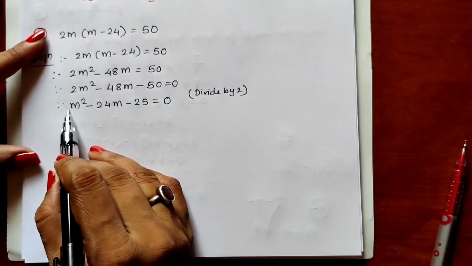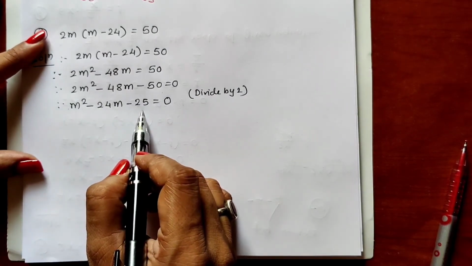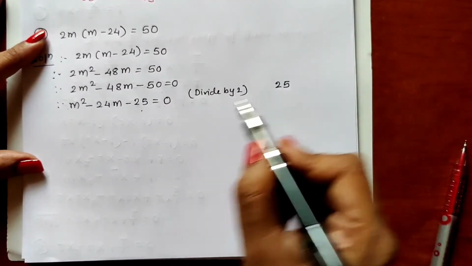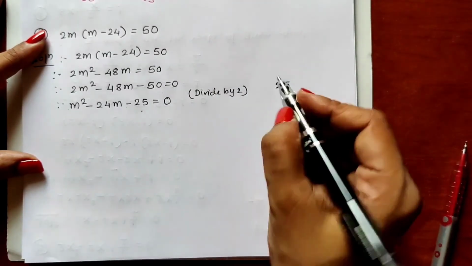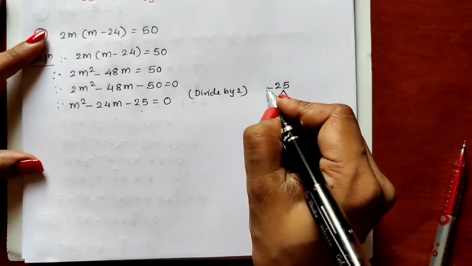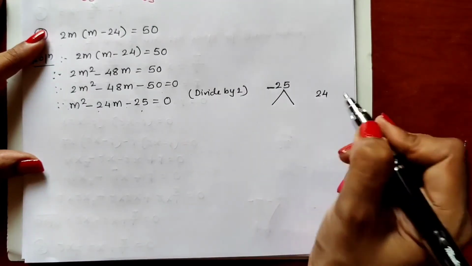As first term is having coefficient 1, we will have to find out the two factors of last term, two factors of constant term. Constant term is 25, sign is minus. So we will have to find out two factors of 25 whose subtraction should be the coefficient of middle term. Coefficient of middle term is 24.